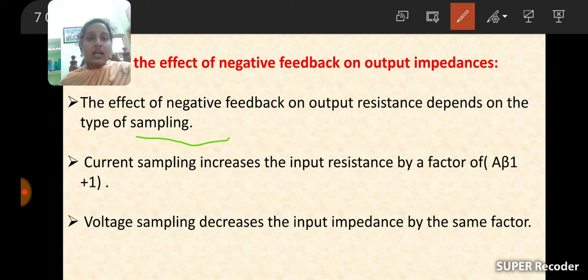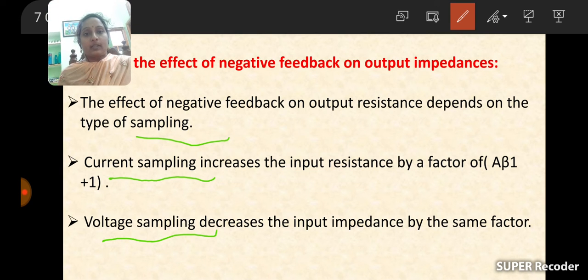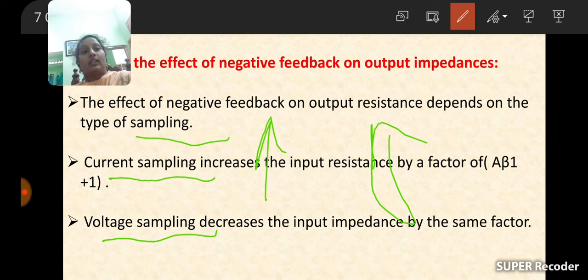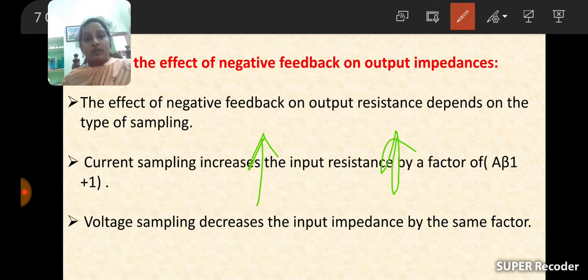Among voltage shunt, voltage series, current shunt and current series, the samplings are of two types: current sampling and voltage sampling.